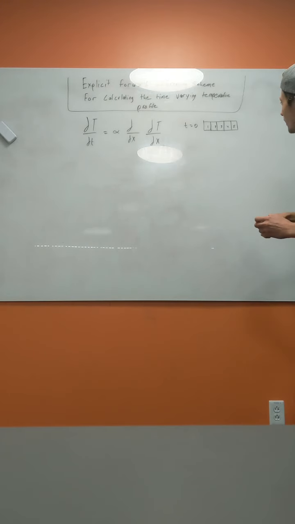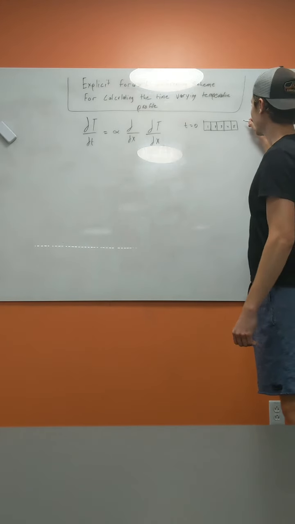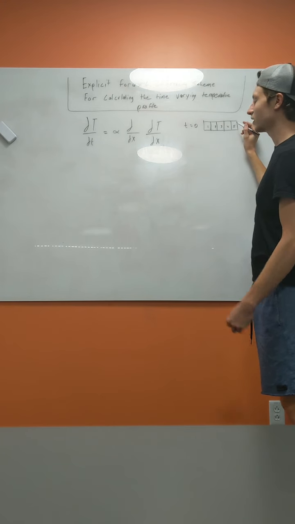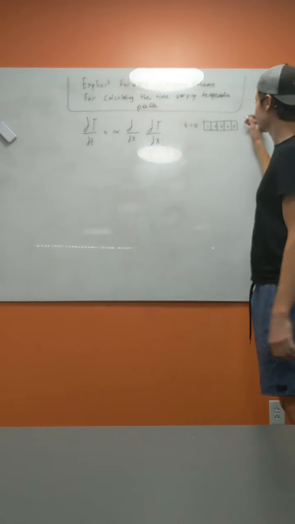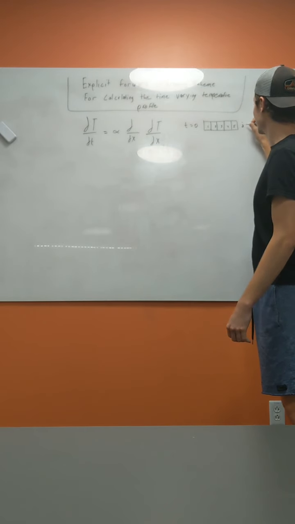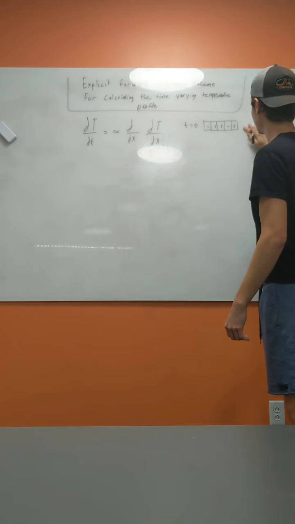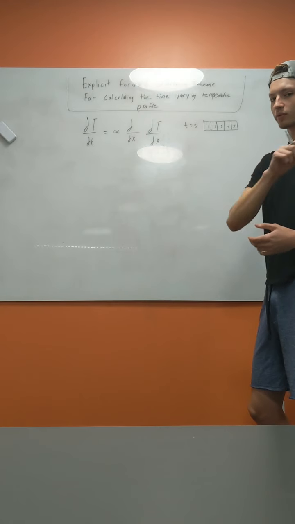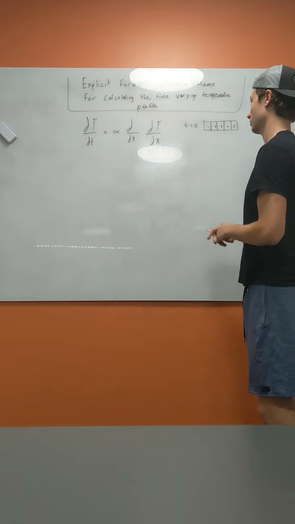Each one of those is going to equal J. J is just going to equal the spatial discretization.